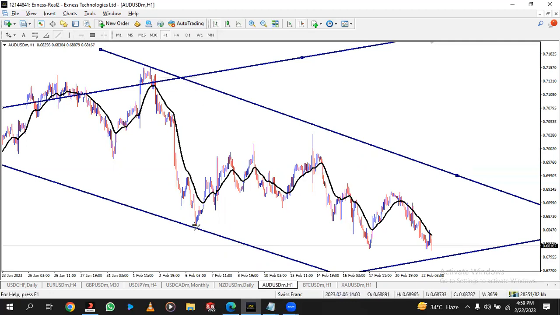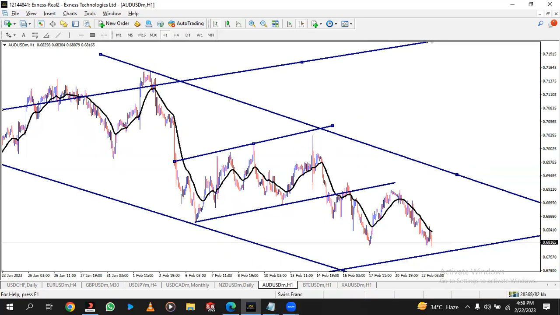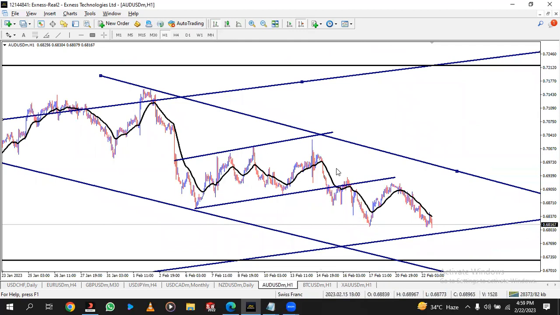I want to beautify this chart with my trend line. Okay, we have this. We have this. The market drops, moves up again, and comes down. Now, what I want to work with is this particular time frame, 1 hour.